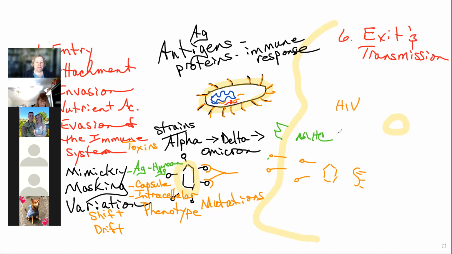If I am a digestive system pathogen, how am I going to get out? Defecate. And what if I'm coming back up? Throwing up. Yeah, vomit.